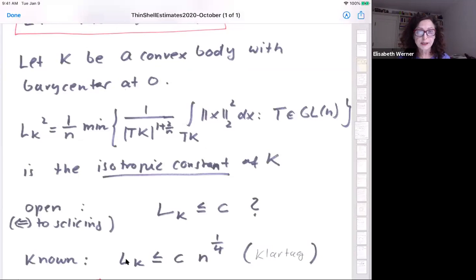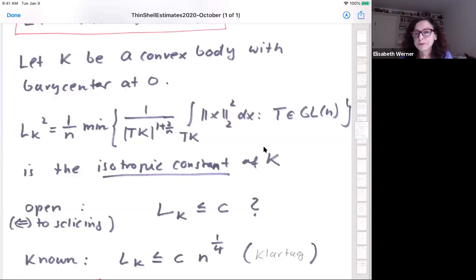What's the notation that I'll be using? From now on, we'll always be looking at a convex body K that has barycenter, or center of gravity, or centroid at 0. We can do this because the quantities that we'll look at are all affine invariant, so it doesn't matter where I position the body in space. So we can assume without loss of generality that the barycenter is at 0. I'll also be needing the isotropic constant, L_K.